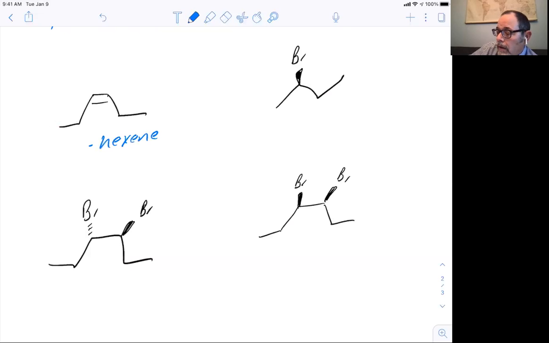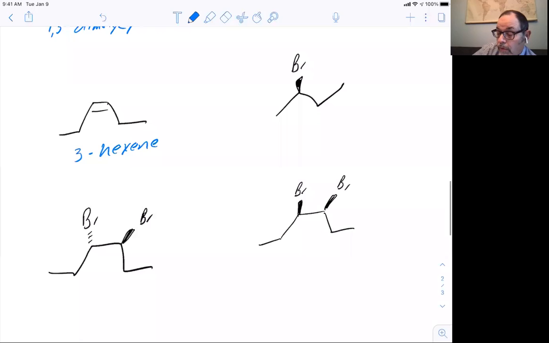And then we need to number where it's at. So 1, 2, 3, there'd be 3-hexene. When you're naming the enes, you name the 3 and the 4. So this is going to be 3. You don't have to say the 4, but that's something you have to keep in the back of your mind. And then this one is going to be cis.